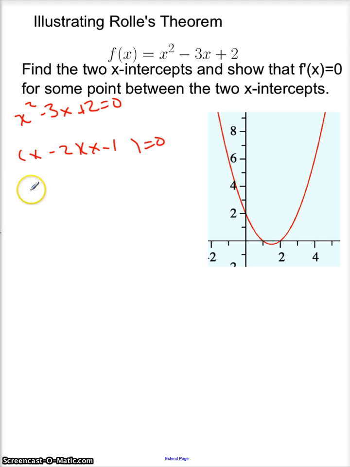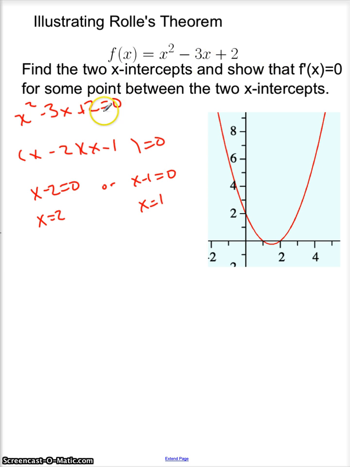So my zeros are when x minus 2 is 0, or x equals 2, or when x minus 1 is 0, or x equals 1.